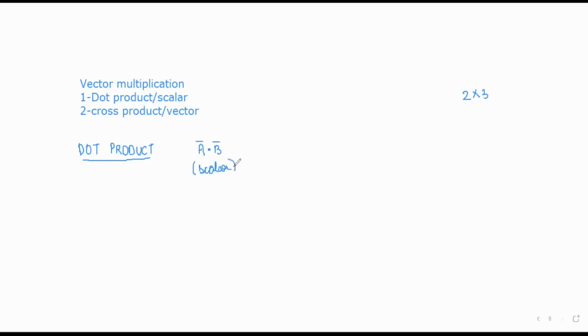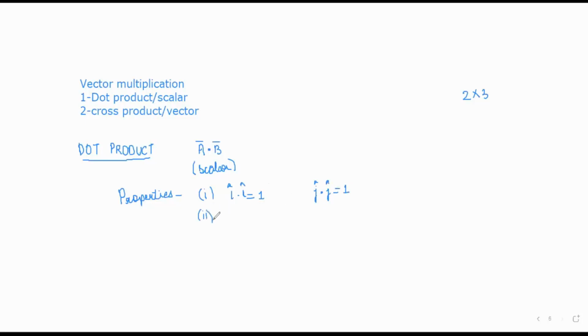Now we are going to discuss the properties of the dot product of our unit vectors, that is, the basis vectors that we have in our 2D plane, i and j. The first property: when two same unit vectors are dotted, that is i dot i, that will give us 1, and j dot j will also give us 1 because they are the same.